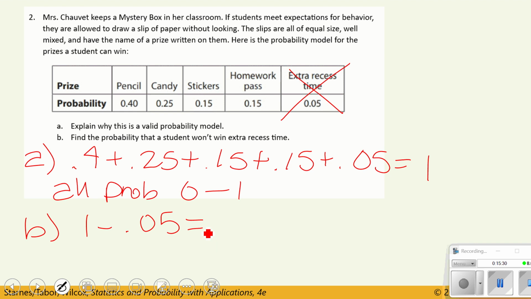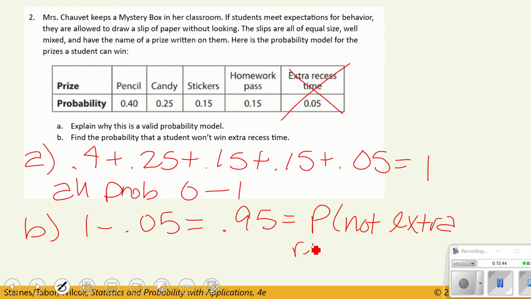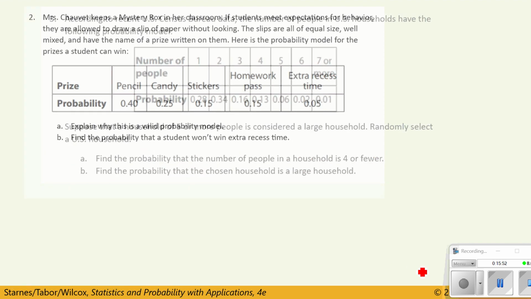So the probability of not getting extra recess time would be 0.95. Did you get it? All right, let's try one more.